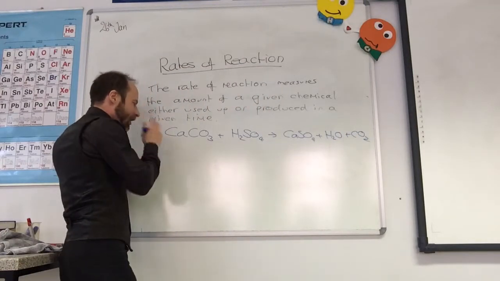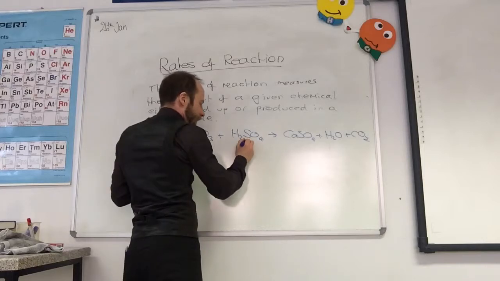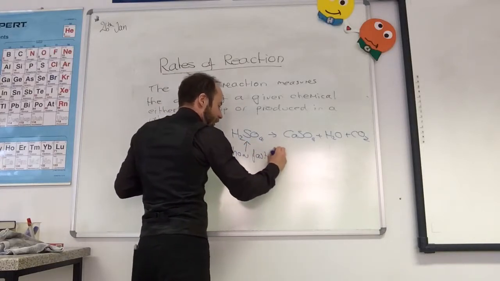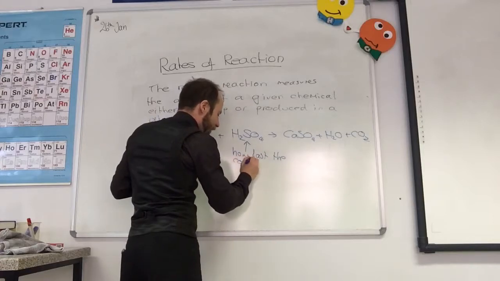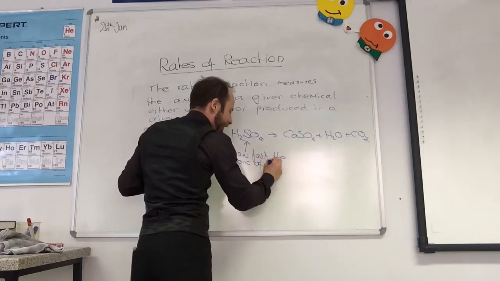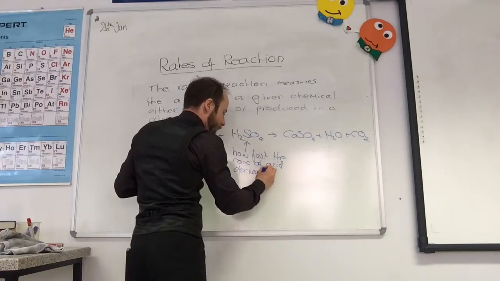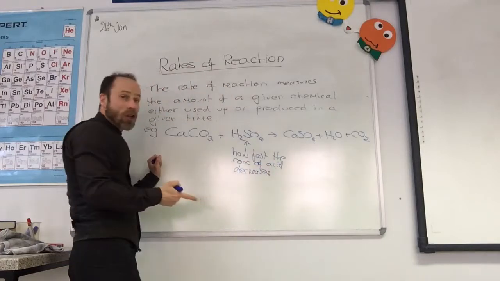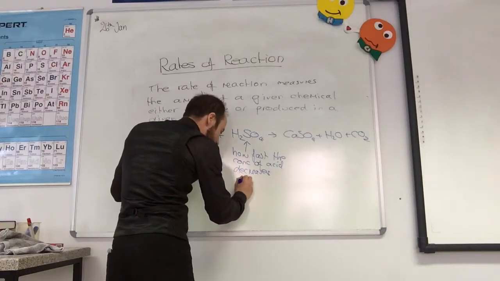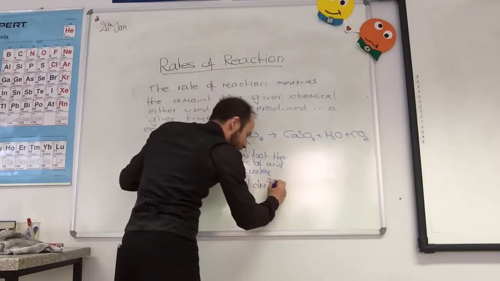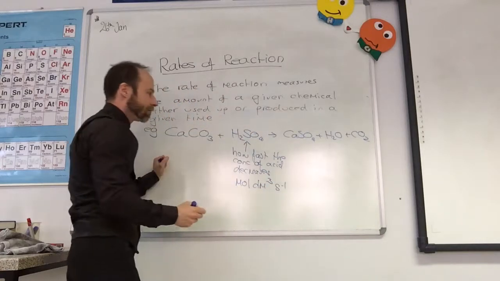So for this one I could measure how fast the concentration of acid decreases. And my units there would be moles per decimetre cubed, which is mol dm^-3, per second.